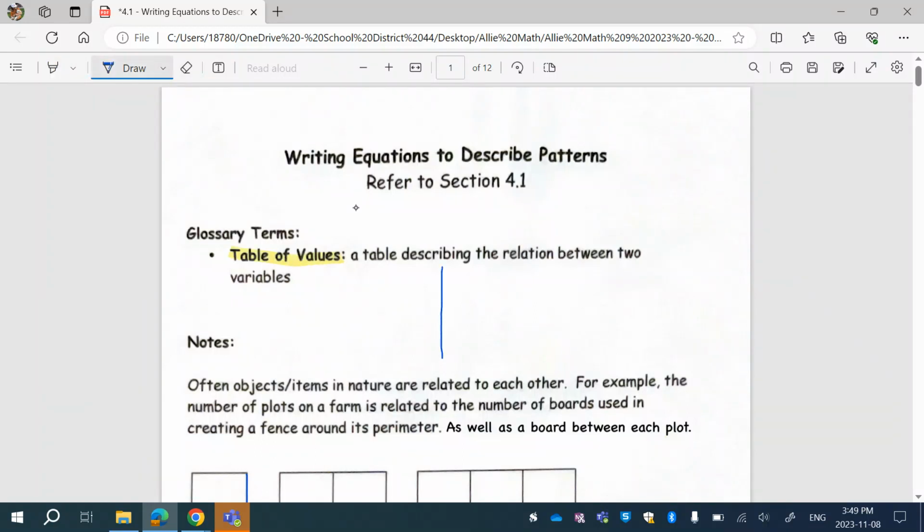So often shown, say, like this, where you would have values of x and those related values of y. So say when x is 1, y might be 4. When x is 2, y would be 6. X is 3, y would be 8, and 4 and 10.